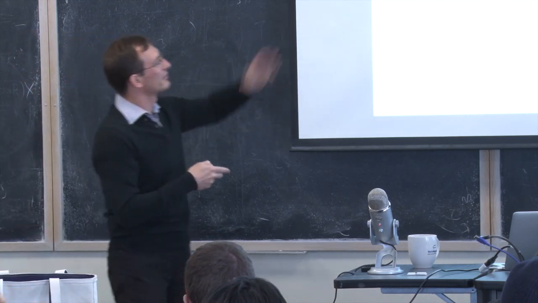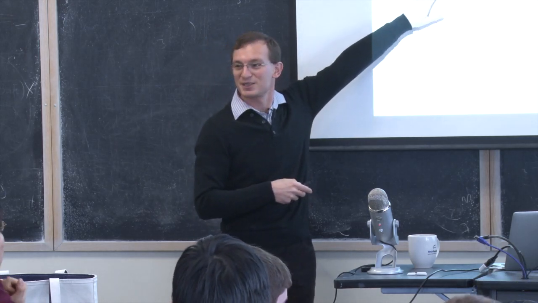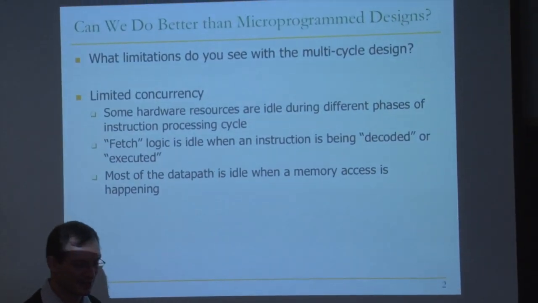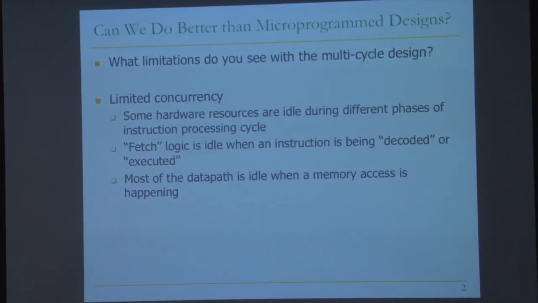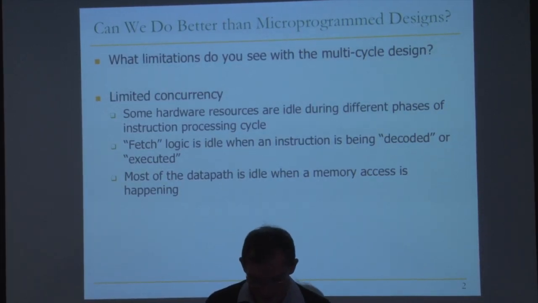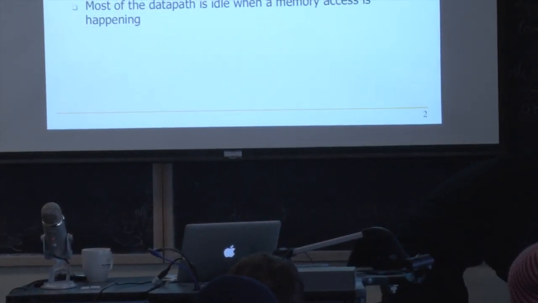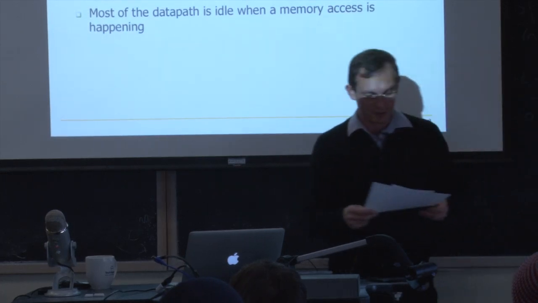For example, fetch logic is idle when instructions are being decoded or executed. Most of the data path is idle when a memory access is happening. If you remember the state machine and the data path figure for LC3B, in certain states you're not using most of the data path.